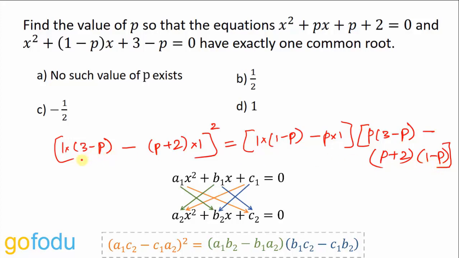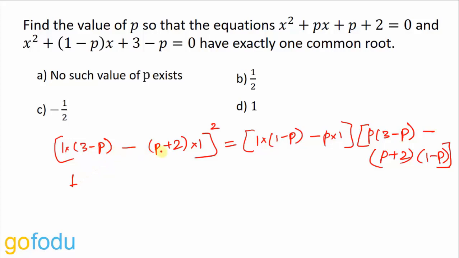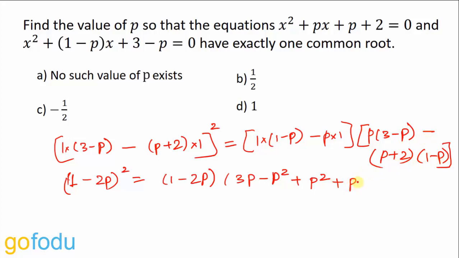Let's simplify this. 3 minus 2 is 1 and minus p will be minus 2p whole square is equal to 1 minus p, that would be 1 minus 2p multiplied by 3p minus p square minus p square, minus and minus will become plus p square, and p minus 2p will be minus p, and minus will become again plus p plus 2, and this minus sign will make it minus 2.